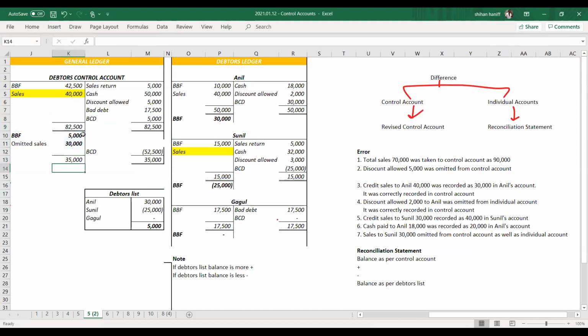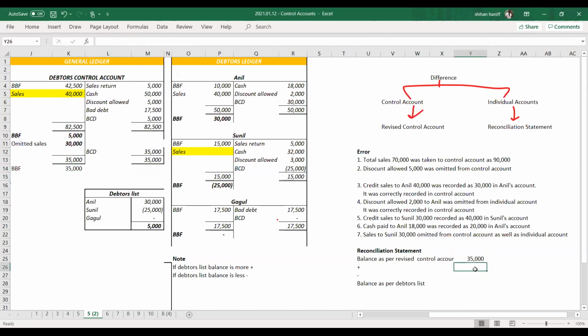After the correction, it will be 35,000, but the debtors list is 5,000. So we write balance as per revised control account.